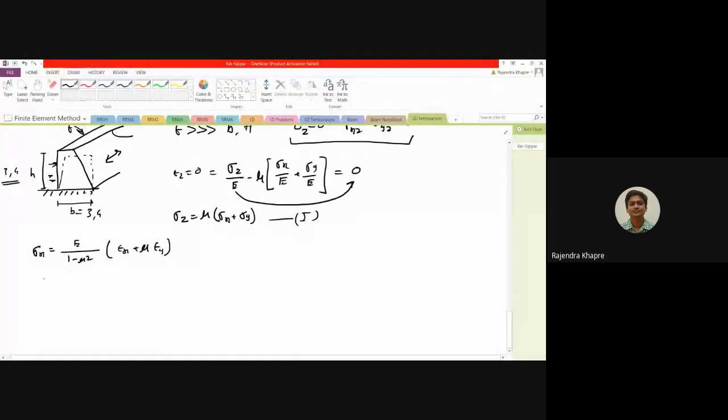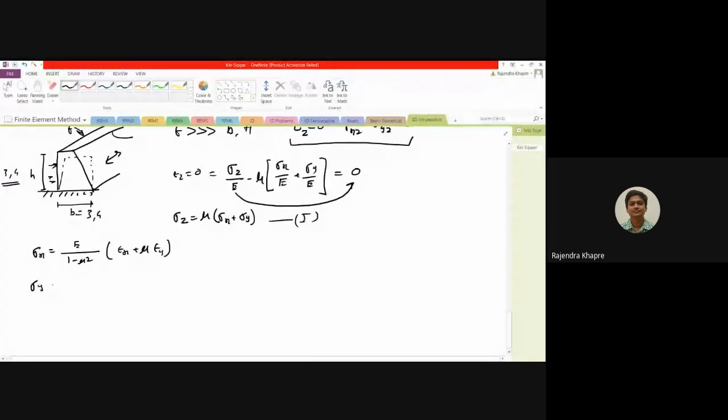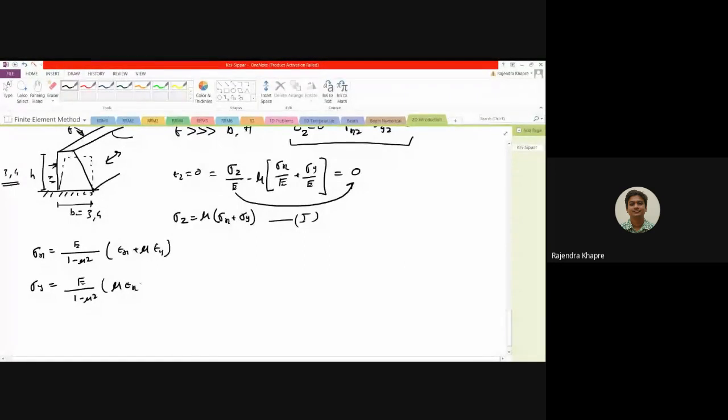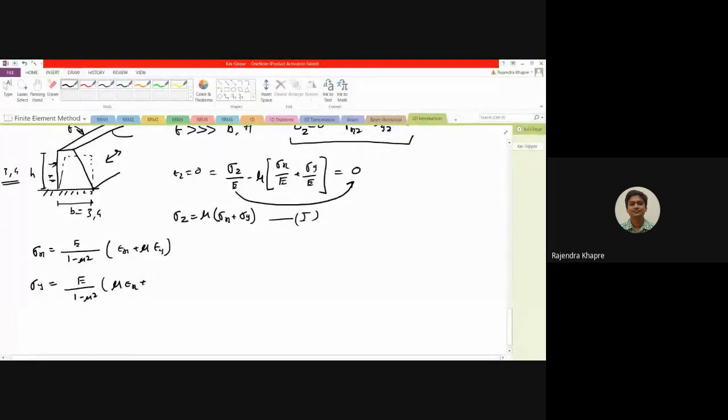This was the expression, and we have sigma y equals E divided by 1 minus mu square into mu into epsilon x plus, sorry, this is not the expression, by mistake I have written wrongly over here. Let me undo this. This is not the expression, sorry for that.